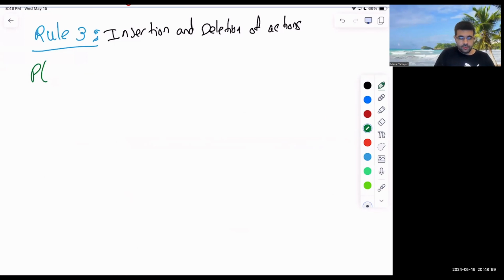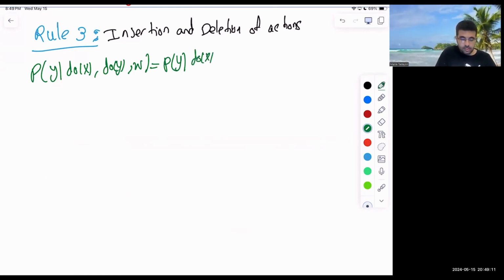It's the probability of y given do x, do z, given w, is equal to the probability of y given do x and w. I removed the z.